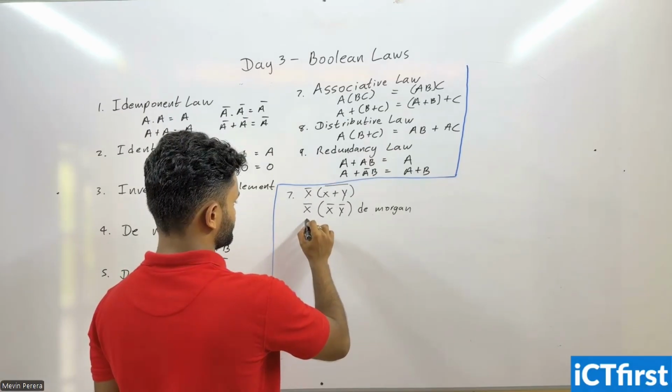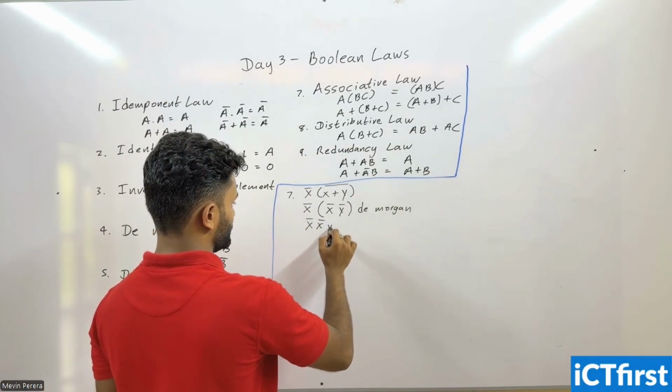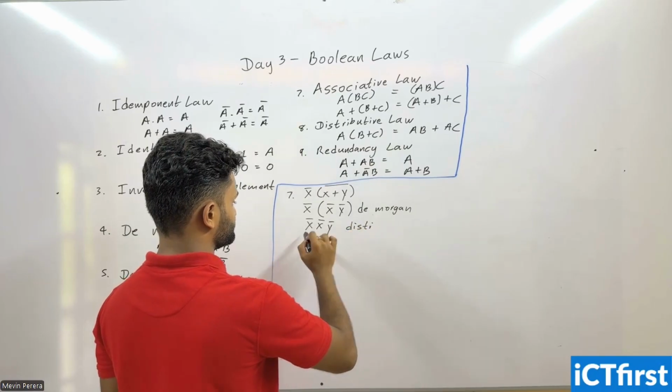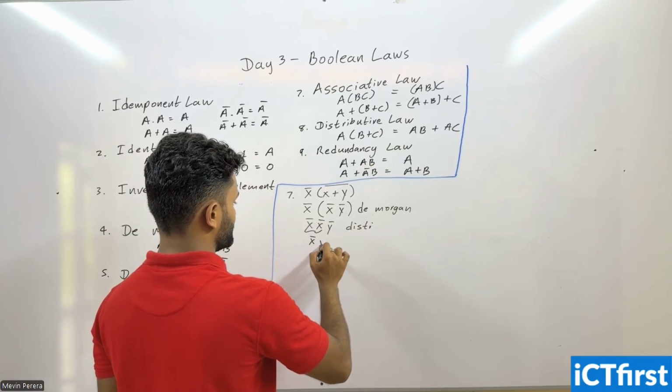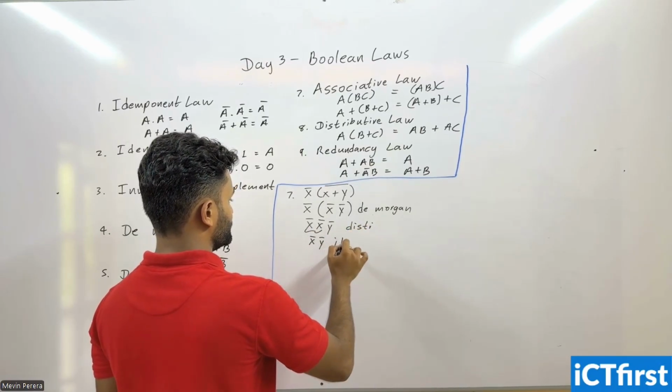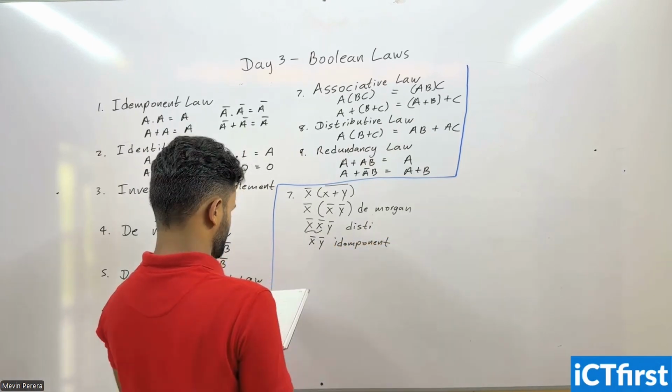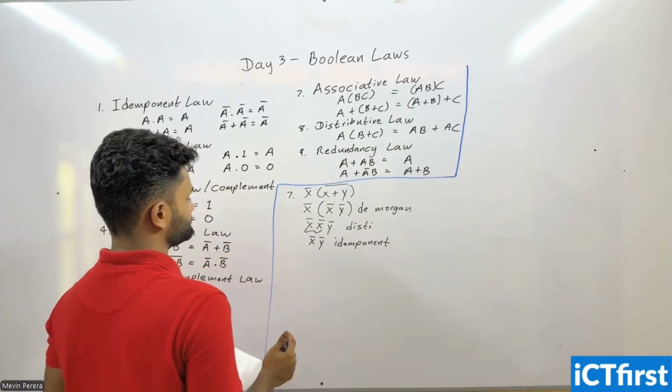Then x bar y bar. That is also distributive. This is equal to x bar y bar. What is the law? Idempotent law. Okay, then next one, the 8th one.